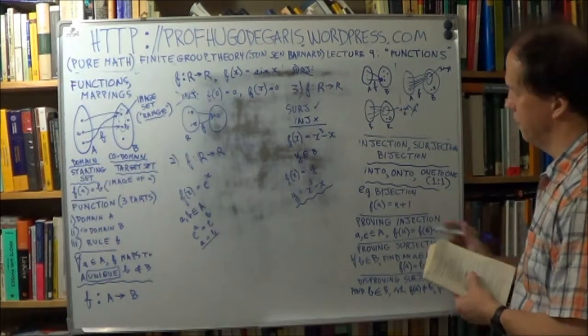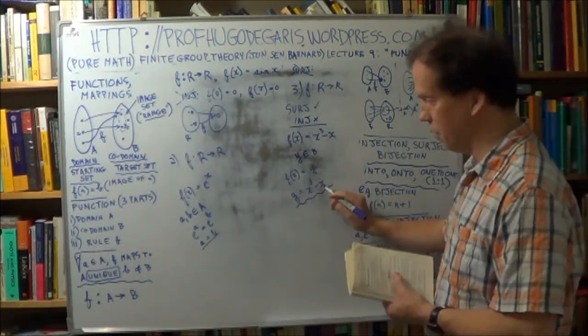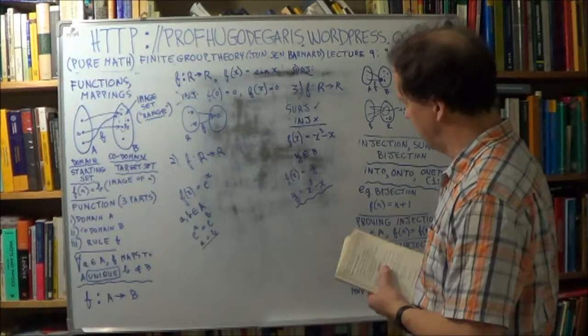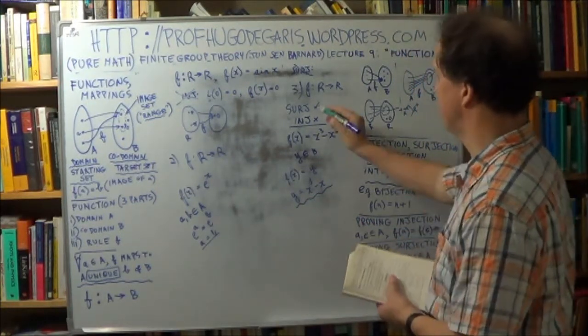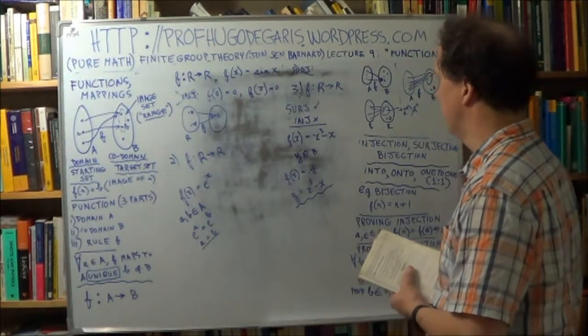That's a cubic equation. You can solve it, right? And you can find a value of x. So therefore, it's surjective. All right.